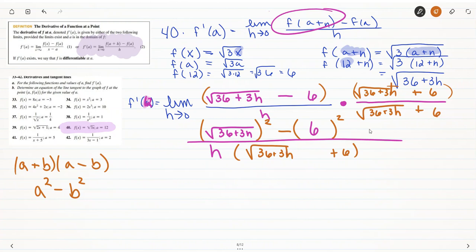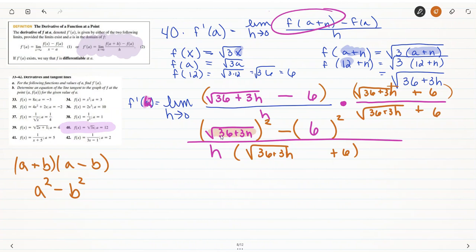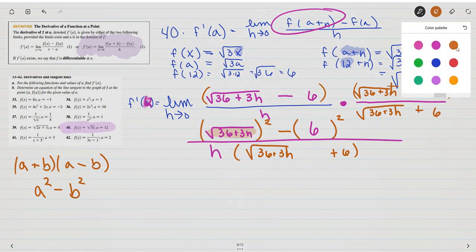When I simplify this, the square root squared, or in other words, the square of the square root, is going to give us the radicand. The radicand is a way that we can describe what's in the radical. So the square of a square root, we're just going to get that back.